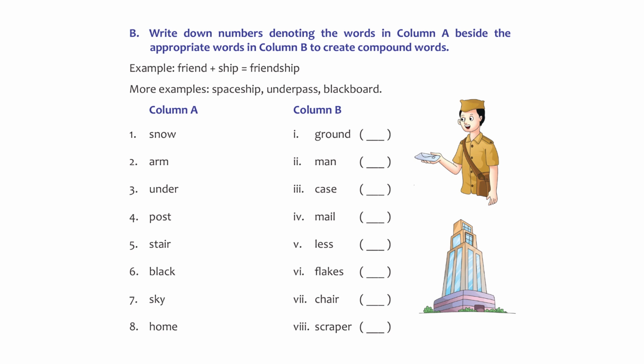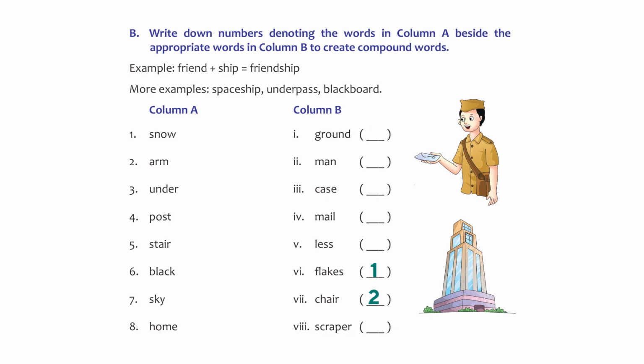Let's try that. Column A has 8 words, column B has another 8 words. Let's try and match. First one, snow. Snow could go with flakes to form snowflakes. Second one, arm. Arm combined with chair gives you armchair. It's a sensible compound word. Third one, under.